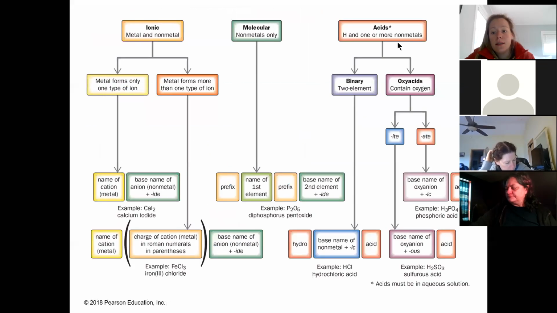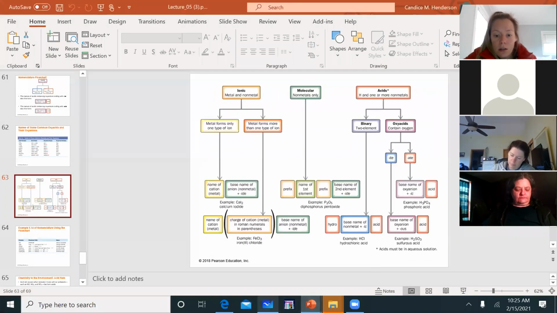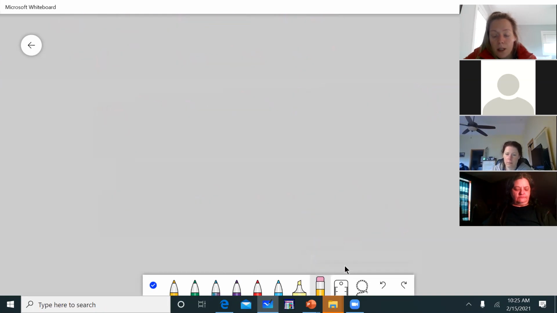Okay, so this is, again, super, super useful. I am going to give y'all a couple things jumbled together. And I want you to name them using whatever system is appropriate for what it is.